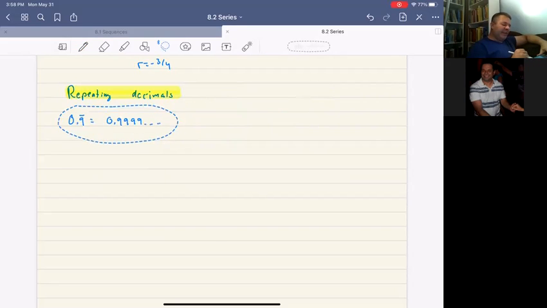Now this is where you have to understand what the decimal represents. This represents 9 over 10. This represents 9 over 100.